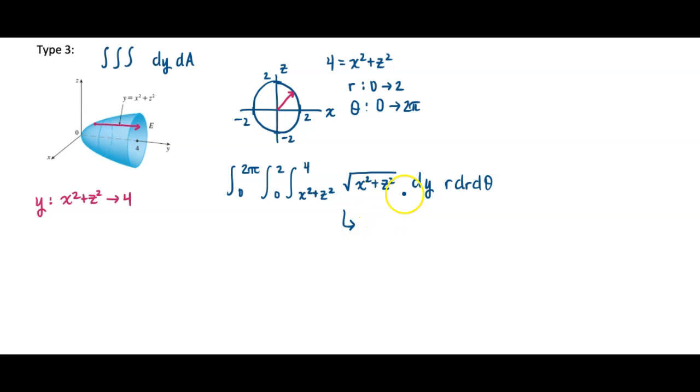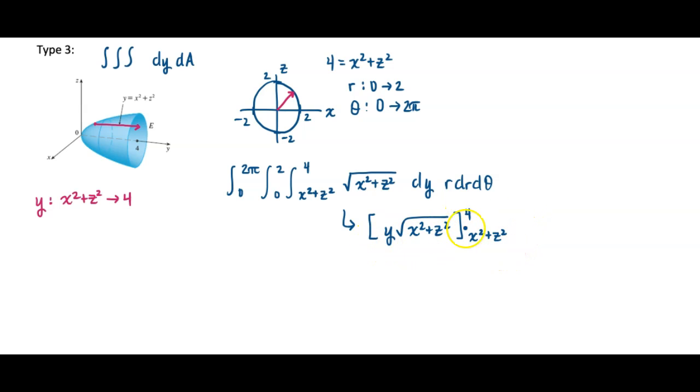And so I know the antiderivative, because this is now just treated as a constant, is just going to be y times the square root of x squared plus z squared. We're going from x squared plus z squared to 4.